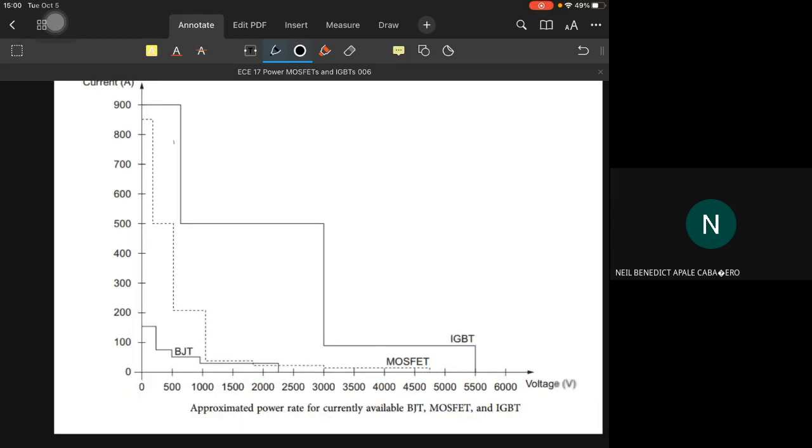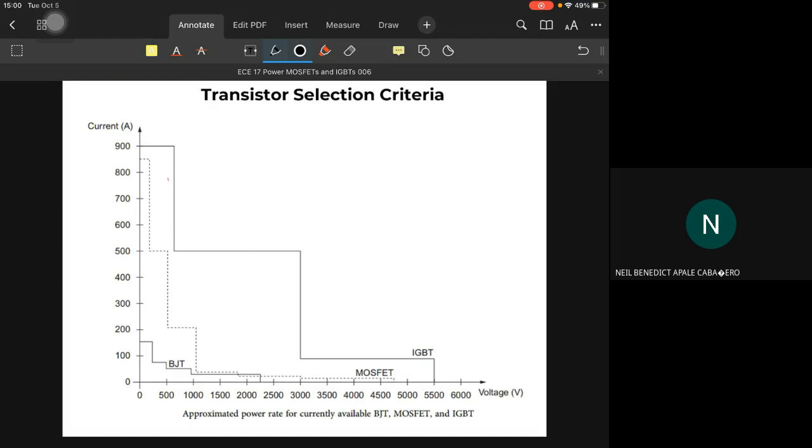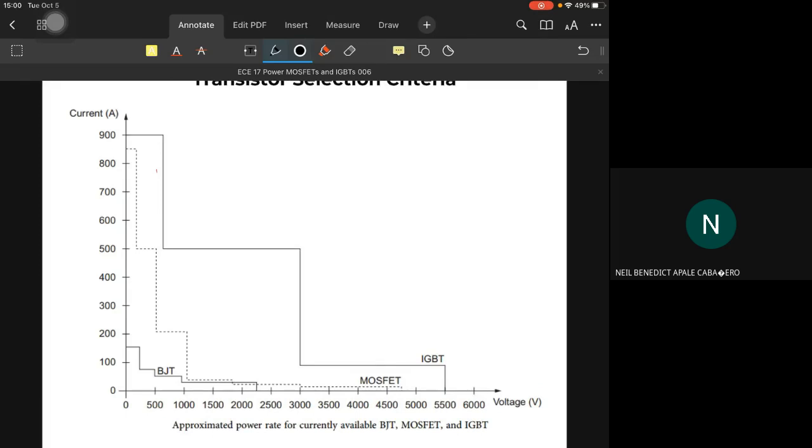Whether IGBT, MOSFET, or BJT, if the current rating is high, the voltage rating is low, and vice versa, if the current rating is low, the voltage rating is high. So current rating and voltage rating are inversely proportional.